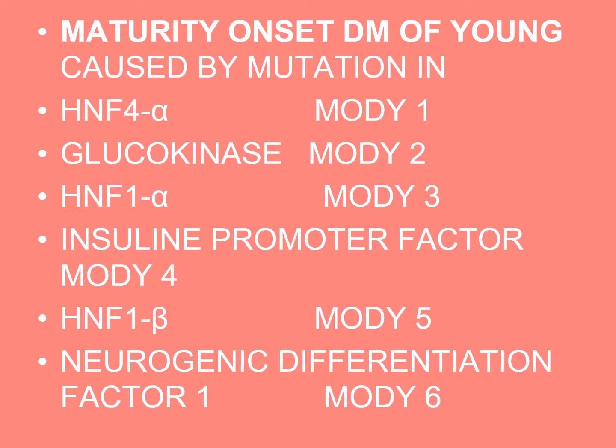The hepatocyte nuclear factor 1 alpha is responsible for MODY 3, insulin promoter factor is responsible for MODY 4, and the hepatocyte nuclear factor 1 beta is responsible for MODY 5, and the neurogenic differentiation factor 1 is responsible for MODY 6.